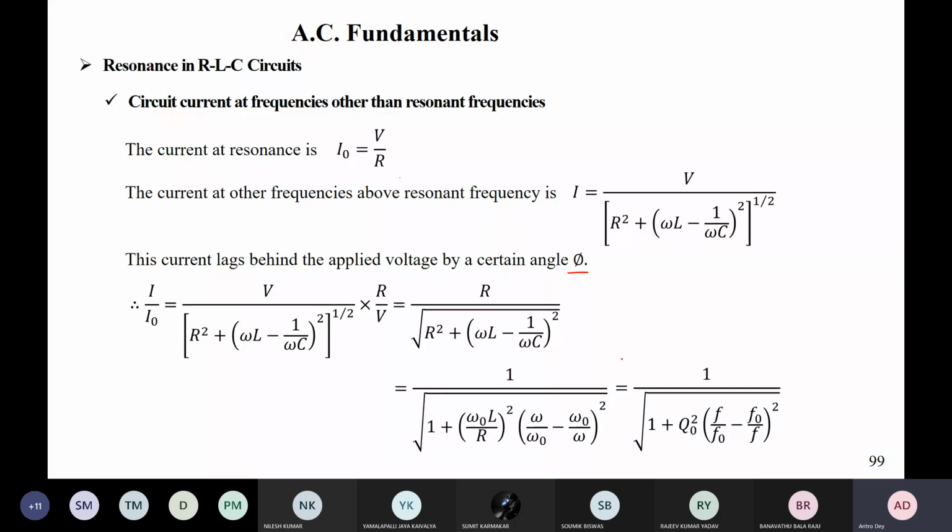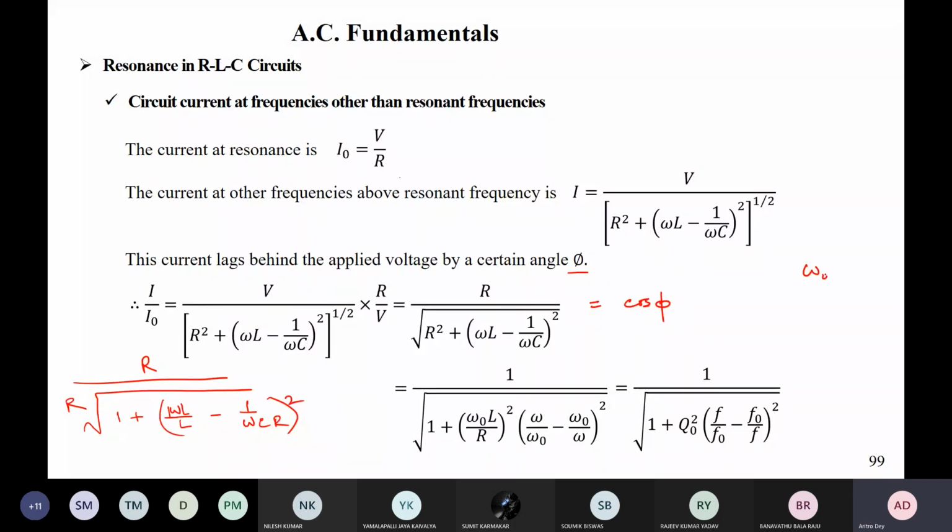So if you do that, you arrive at this, which is your cos phi. And you can write it in terms of this: if you rewrite this term like this, root over, in the numerator it is R, if you take R square common, then you are left with 1 by omega L by R minus 1 by omega C R, that whole square. And what do we know?